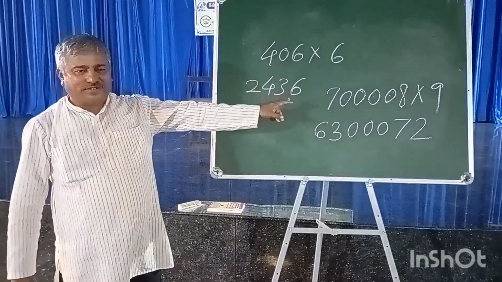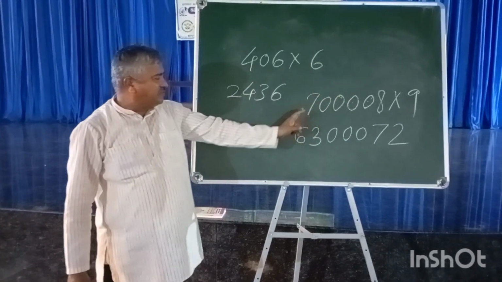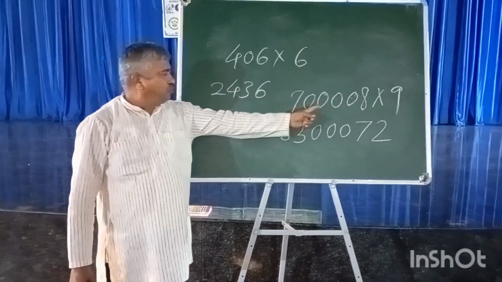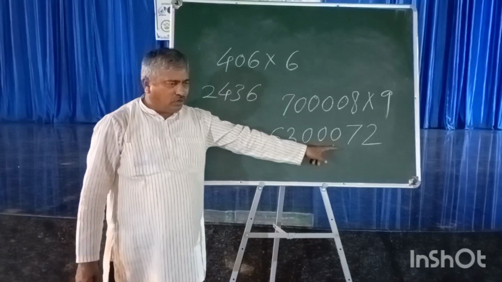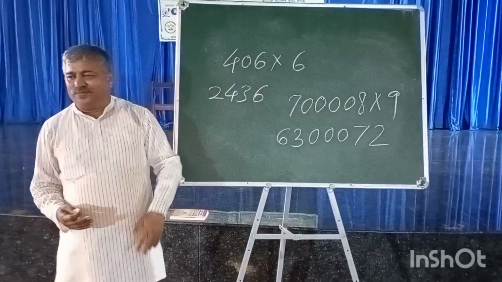Is it clear? Yes. What is that? 9 sevens are 63. 4 zeros means 3 zeros. 9 eights are 72, answer.